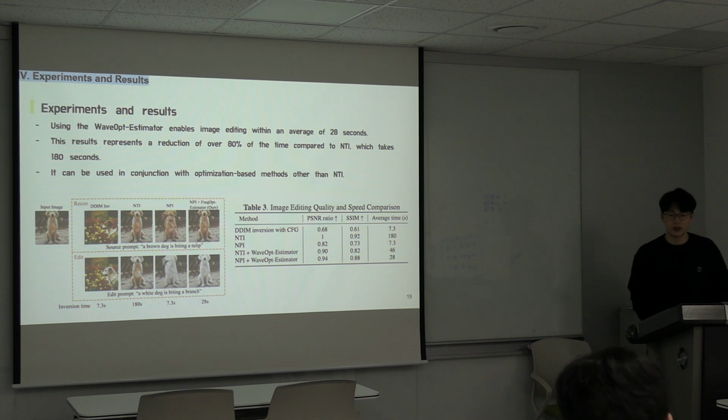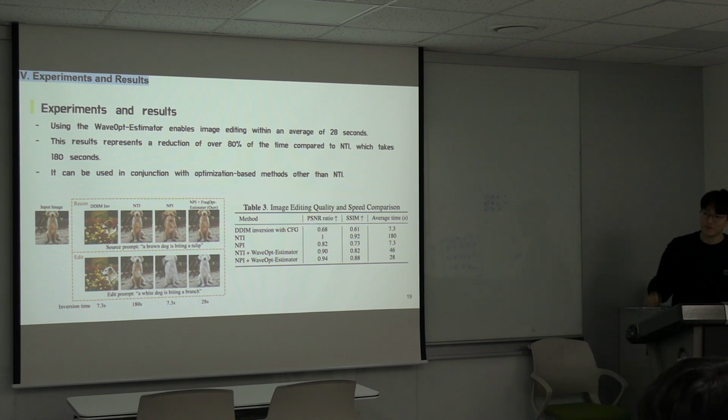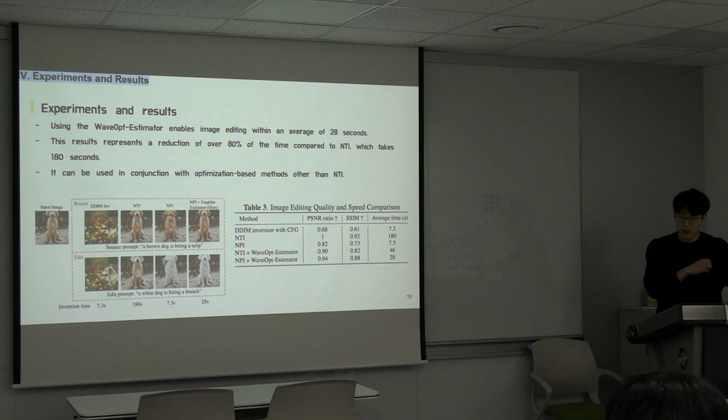Any other questions? Thank you for the presentation. I understand that it got a lot faster. And which part made it so that it has more flexible and better edits? Actually, the NTI method optimizes the null text embedding vector across the entire time step during the denoising process.